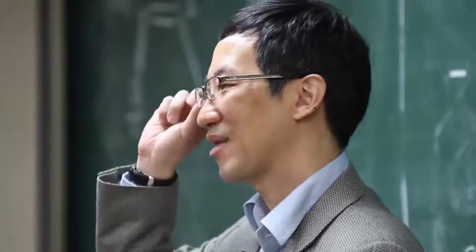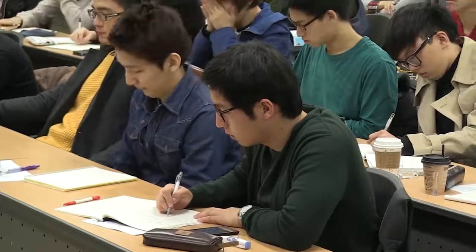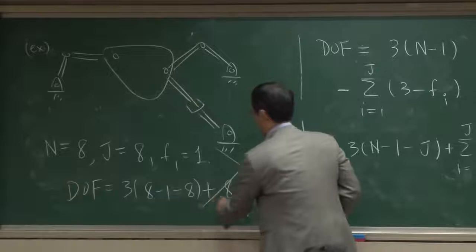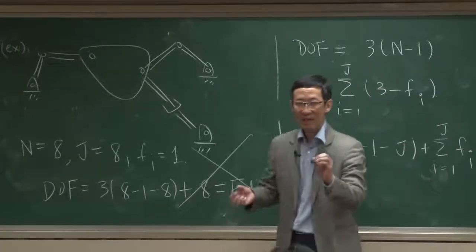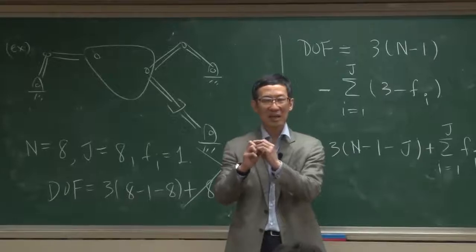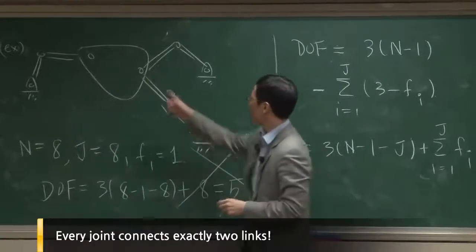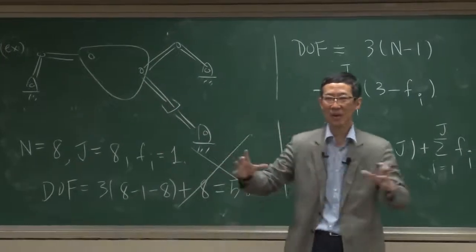Something doesn't seem right here. This is wrong. Now, what you have to remember is that a joint is something that connects 2 bodies. 2 bodies, not 3.